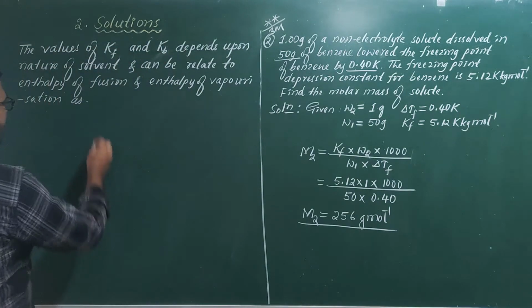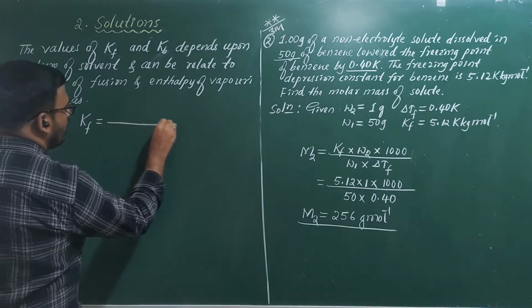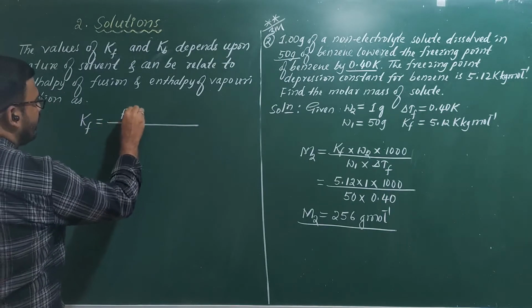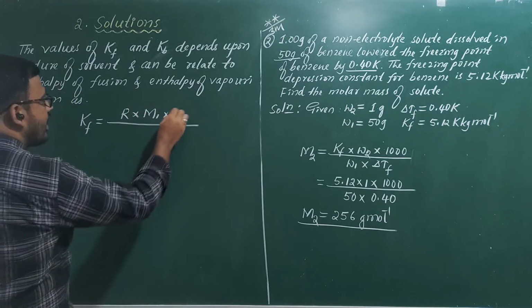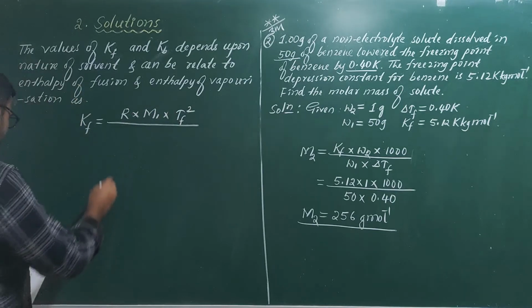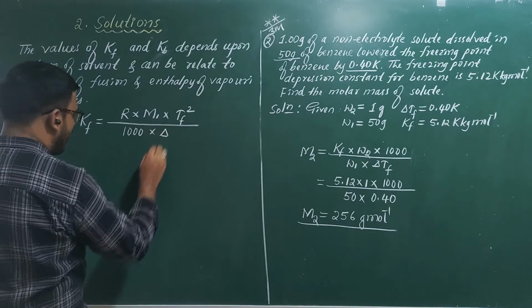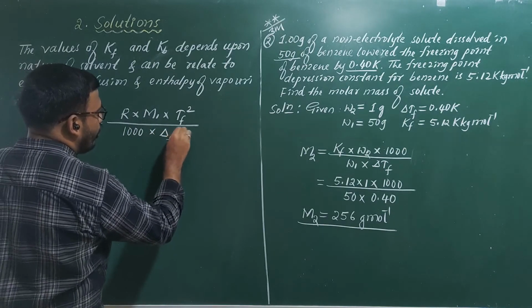Okay, so Kf can be related as Kf is equal to R into M1 into Tf square divided by 1000 into delta H fusion, enthalpy of fusion.